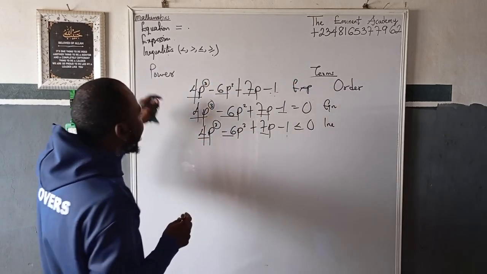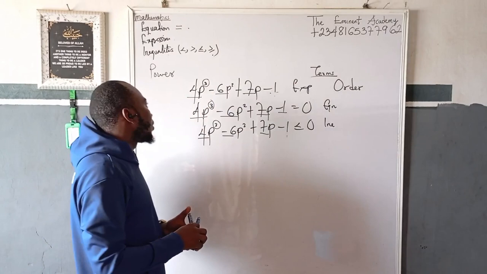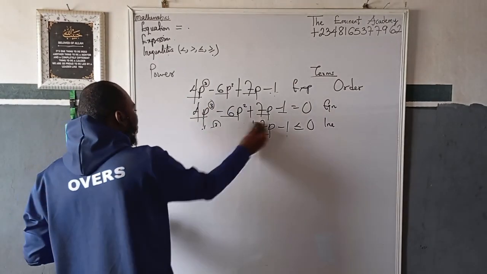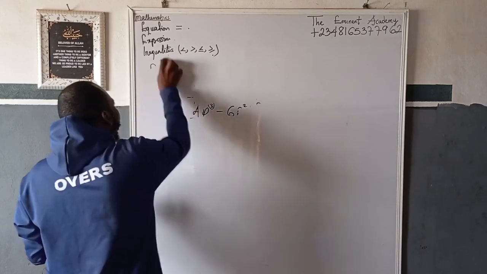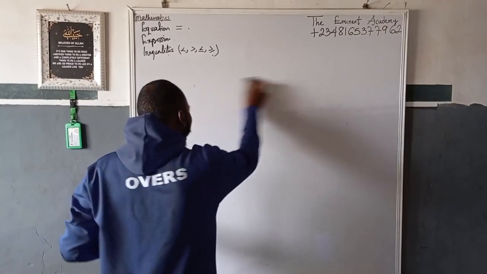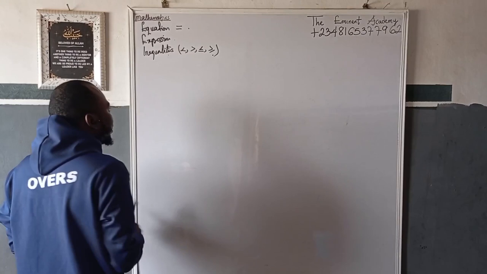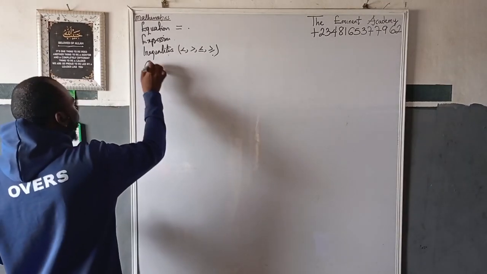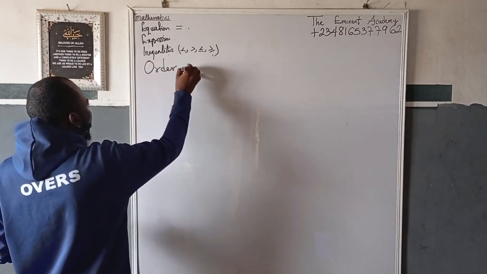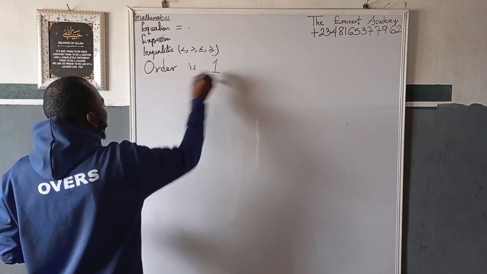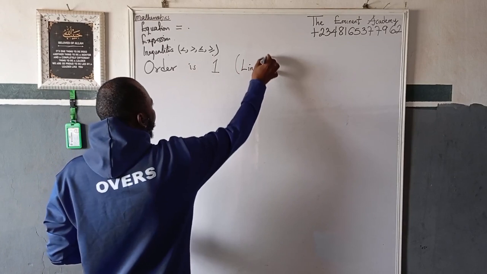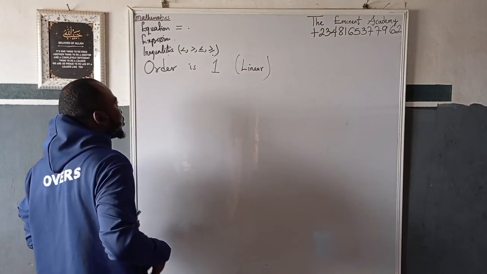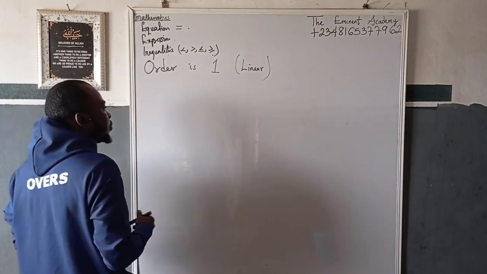So we now want to name these expressions, inequalities, and equations with the order. Anytime we have an equation or an expression or an inequality whose order is 1, it is called linear. So when we have an expression or an inequality or an equation with order 1, we call it what?